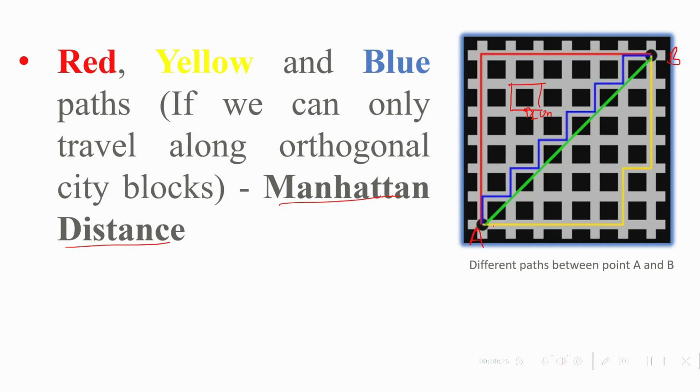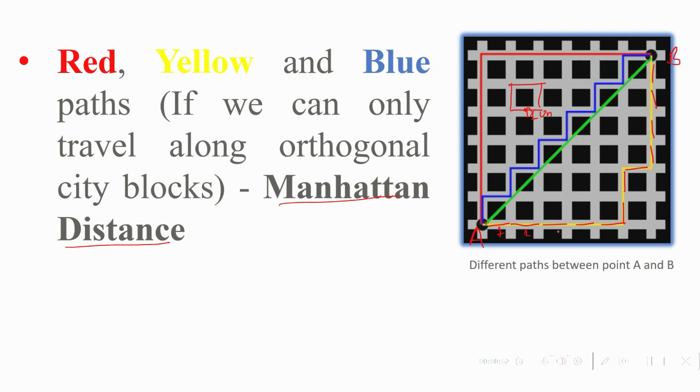So suppose you want to traverse from A to B; you can traverse in any direction. So here this is one way: 1, 2, 3, 4, 5, 6, 7, 8, 9, 10, 11 and 12. The distance between A and B is 12. So it traverses 12 blocks, and each block contains 1 unit distance.